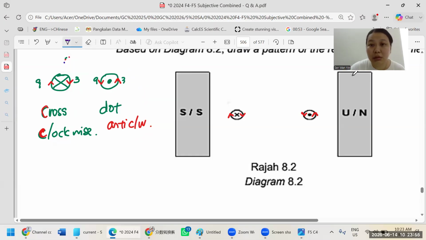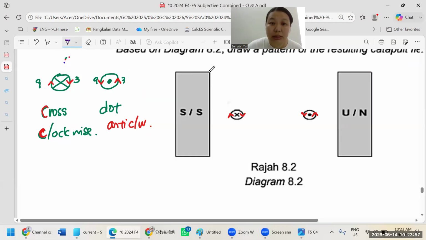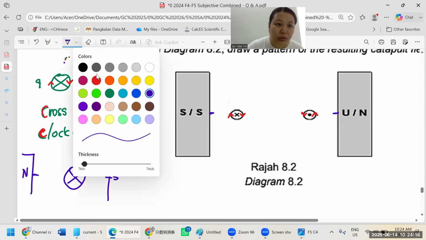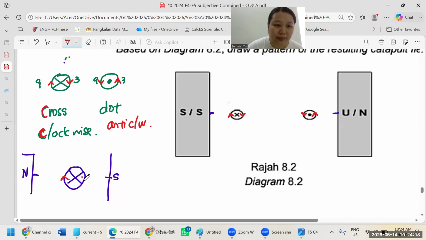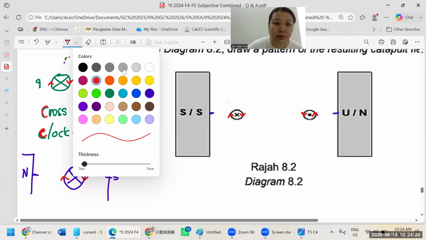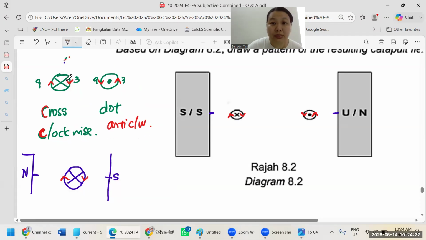Now let's draw this. We start from the center. As I said, this is a roundabout, right? If there is a car coming from the north to the south, it goes anti-clockwise. You can practice this first.